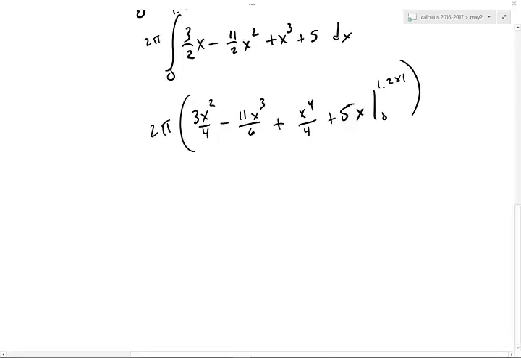But I kid you not, the trickiest part is when you're rotating over a vertical line, or even a horizontal line, that is not the x or y axes, because you have to pay attention to what the radius is. And you will screw it up, because everybody does. And then you'll get a negative, and you're like, oh, I did it wrong, I got a negative. That's because your radius, instead of being like 10 minus x or whatever, should have been x minus 10, or vice versa, okay?